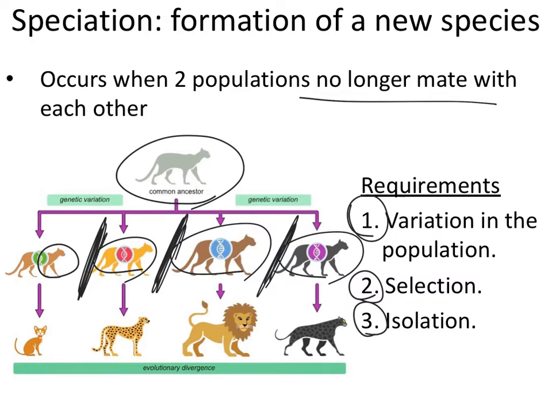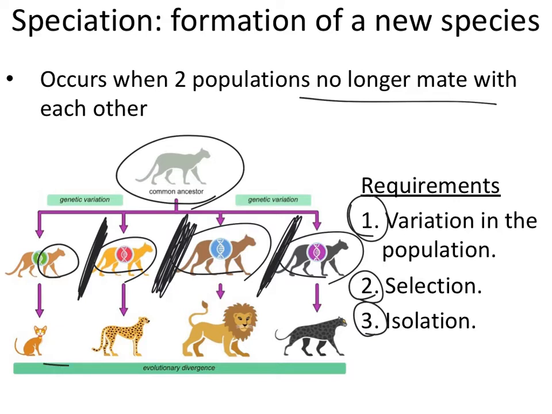But for some reason, there was gene flow block, meaning that these populations did not mix their DNA. Within those individual habitats and zones, they then acquired traits that were best for the particular habitat that they were living in.